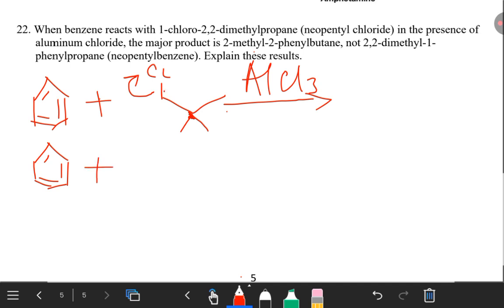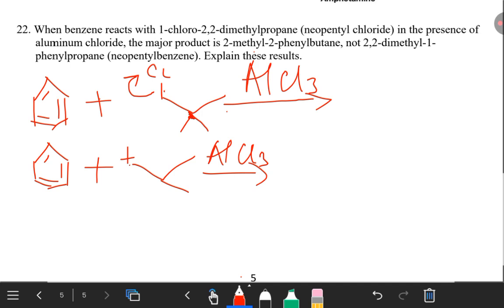When this chlorine leaves, we have a carbocation at that point, so we're going to remain with a carbocation at this point, in the presence of aluminum chloride.